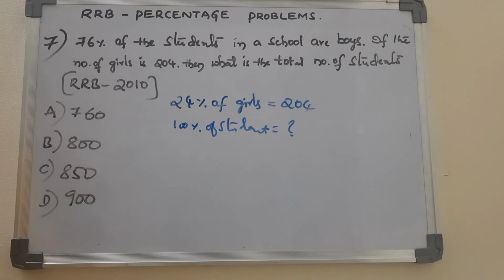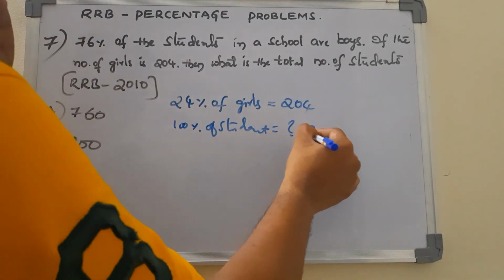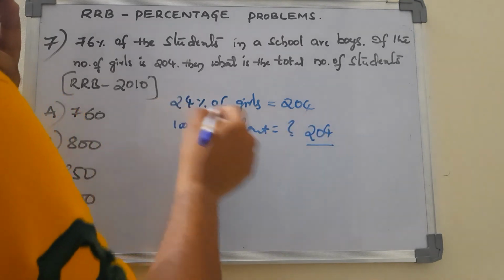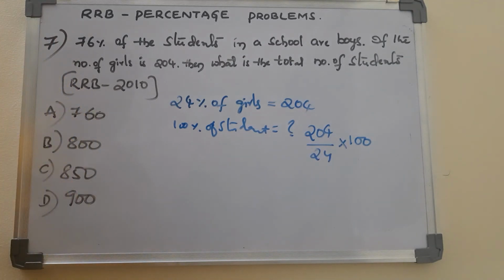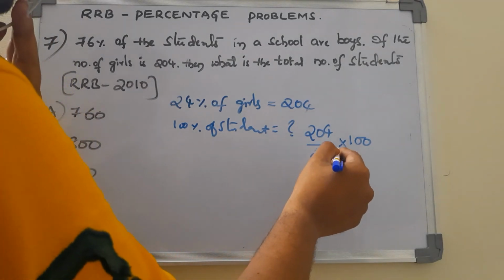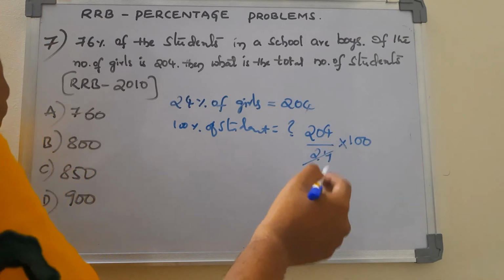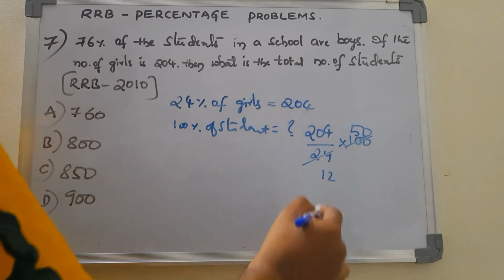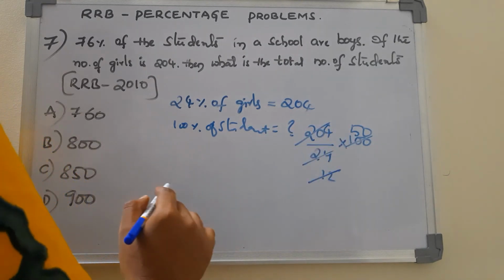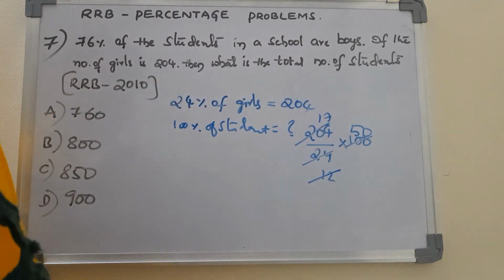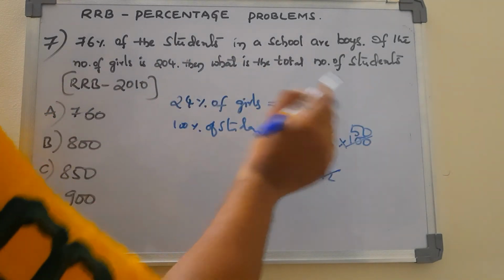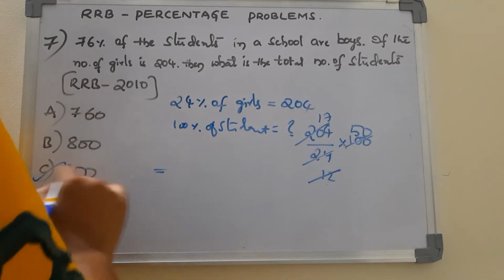Okay, here 24% of girls are 204. 100% of the students we can find as in the previous problem: 204 divided by 24 into 100%. 2 12s are 24, so 204 by 24 is 17 by 2, and 17 into 50 is 850.